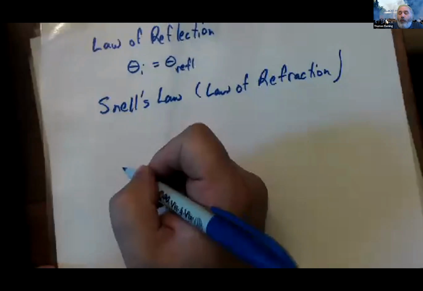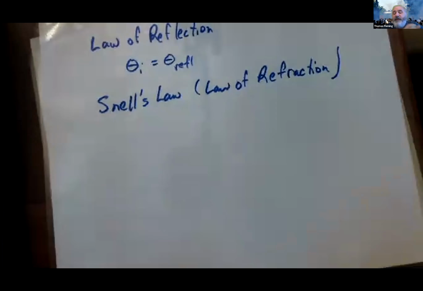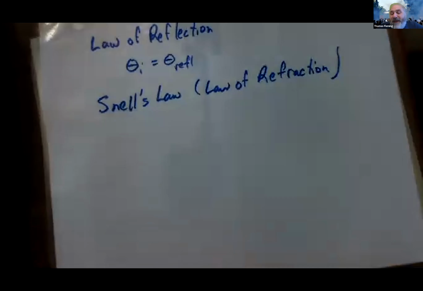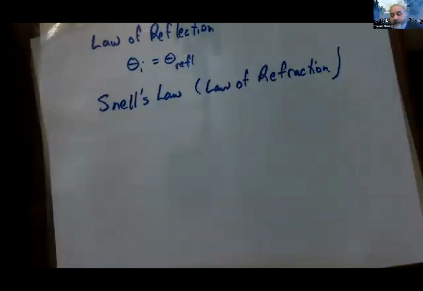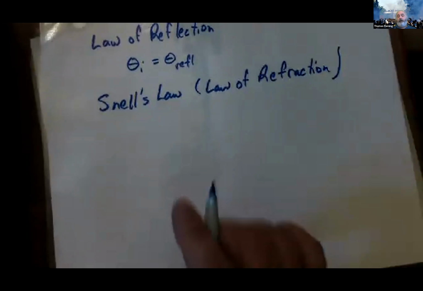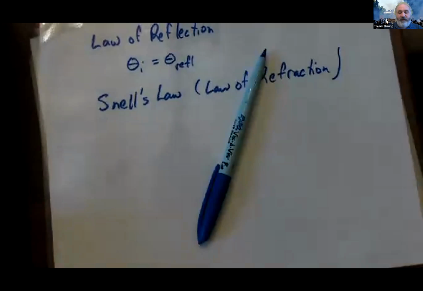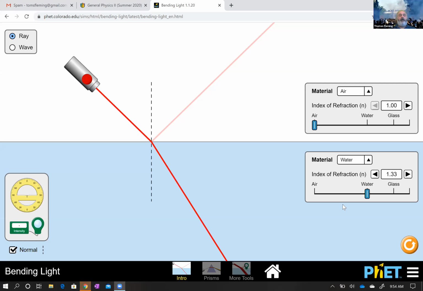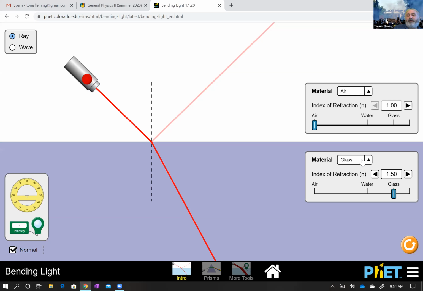The way this works is the amount of bending we get depends on how much the speed changes from one material to the next, and that's going to depend on the particular material. Let's go back to that simulation for one more second. Here, I took my laser from air into water. But you'll notice if I go from air into glass, I get a slightly different amount of bending.